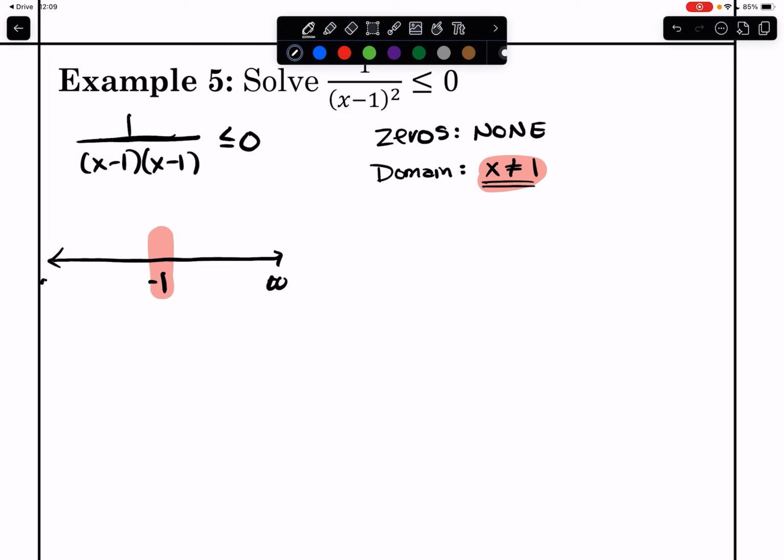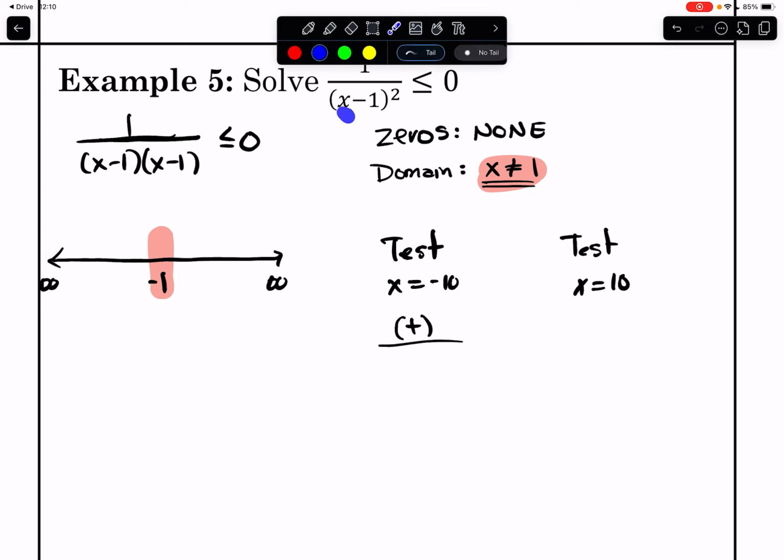And since there's only two intervals, we're only going to test two numbers. So let's test negative 10 and we'll test positive 10. If we plug in negative 10, the top is obviously going to be positive 1. And on the bottom, negative 10 minus 1 is going to be negative. And again, there's two of them, so negative, negative.